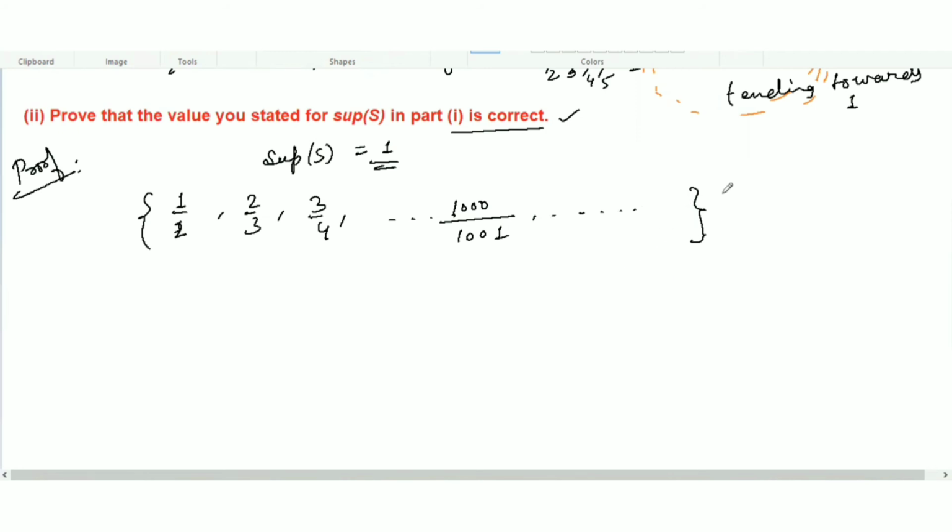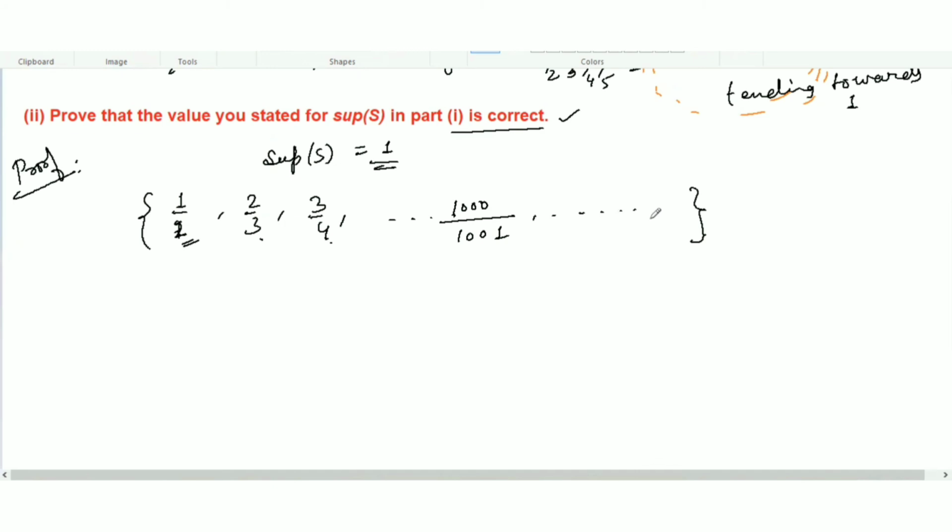You can identify from this set that these elements get closer to 1. For larger values of n, we are just substituting a larger value, so this set is getting closer to 1.